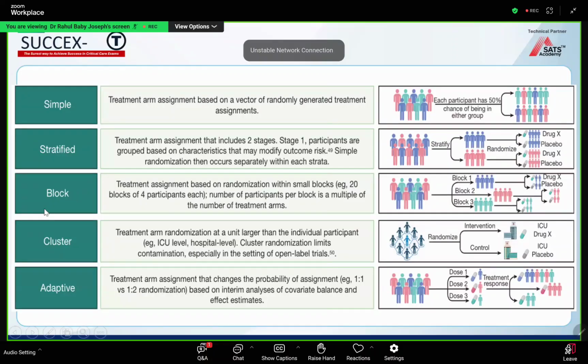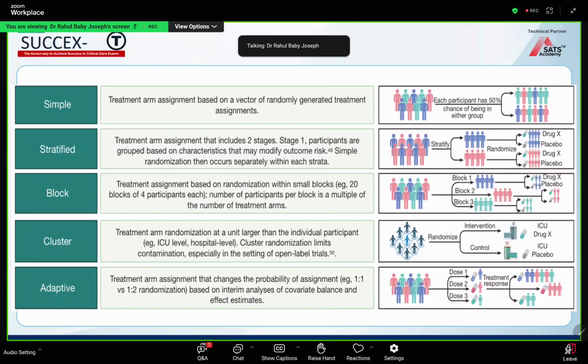To avoid this complication, you have something called block randomization, where participants are divided into different blocks of equal number to ensure equal numbers of participants in each arm. In stratified randomization, people are stratified according to underlying factors.